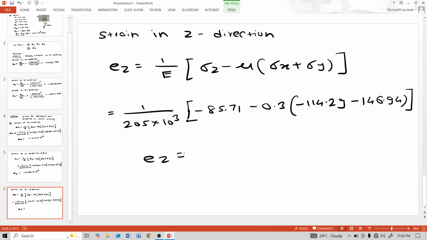Minus 114.29 minus 146.94 multiplied by 0.3 minus 78.369 divided by 205 into 10 raised to 3. So strain in z direction is minus 3.58 into 10 raised to minus 5.